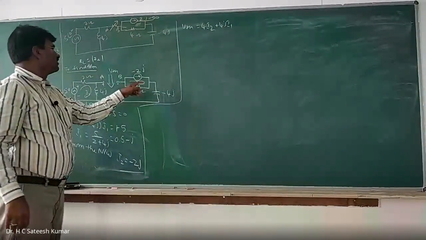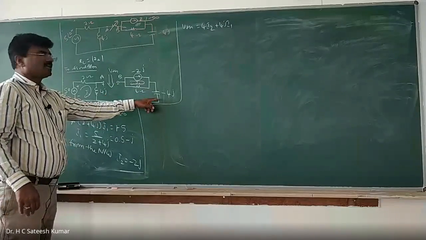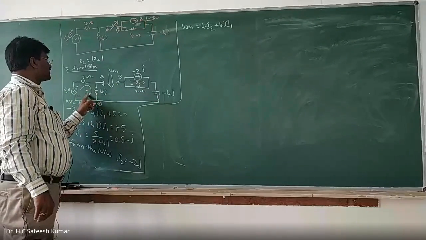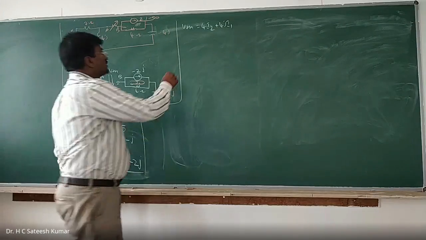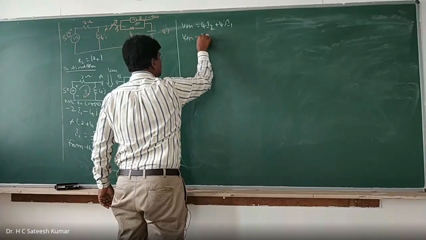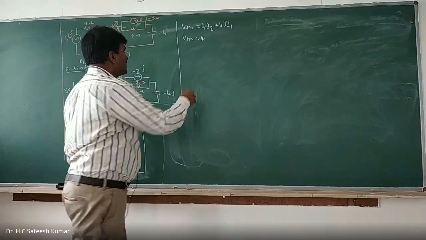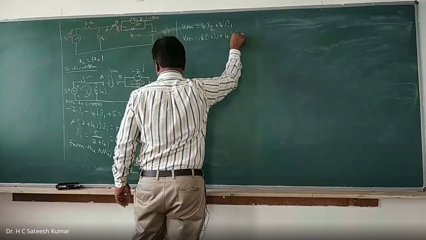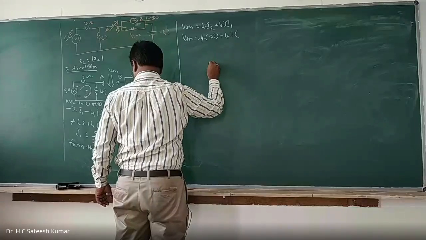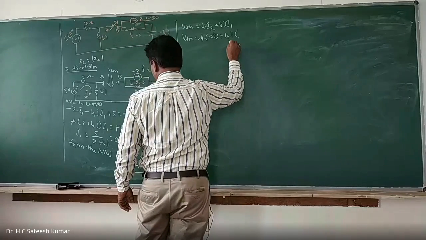Here current will not flow, and in this one the current is flowing. Therefore, 4j into I1. So VTH is equal to 4 into I2, that is minus 8j, plus 4j into I1. I1 is 0.5 minus j.